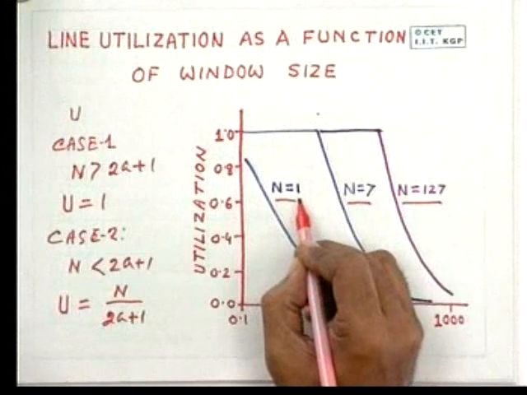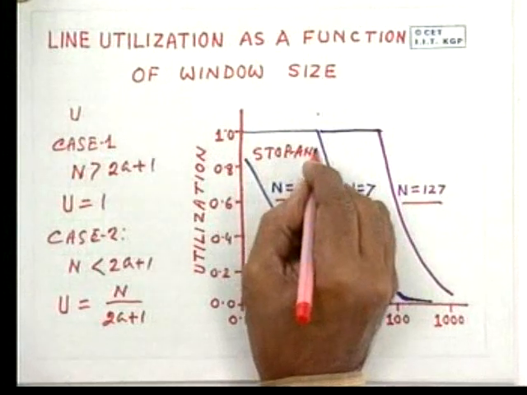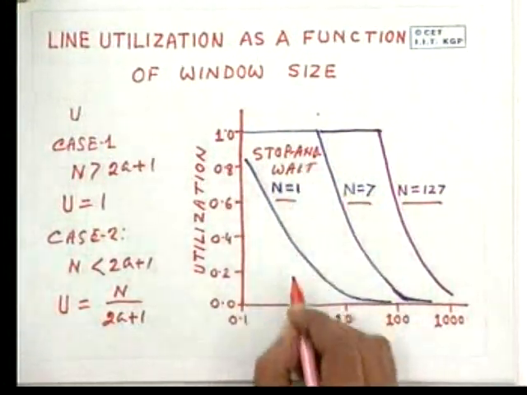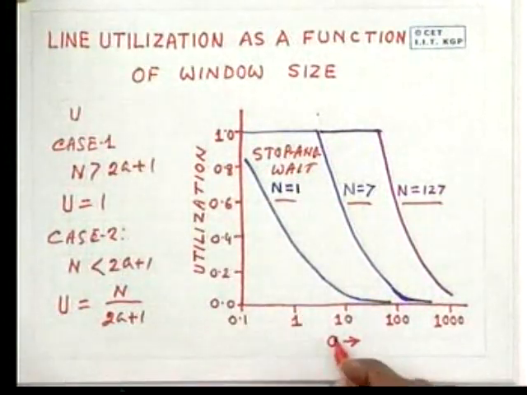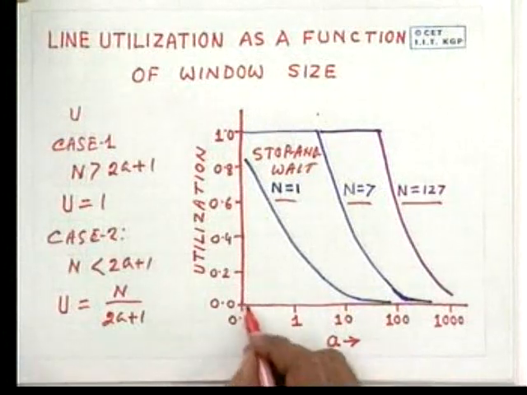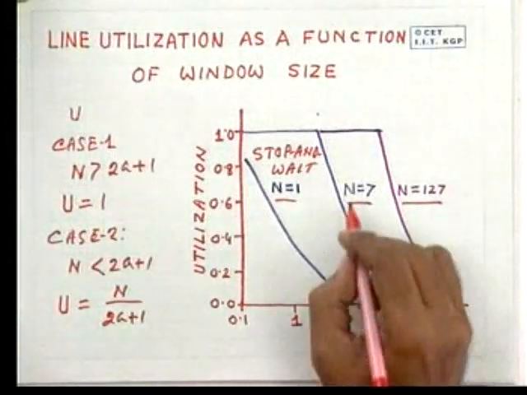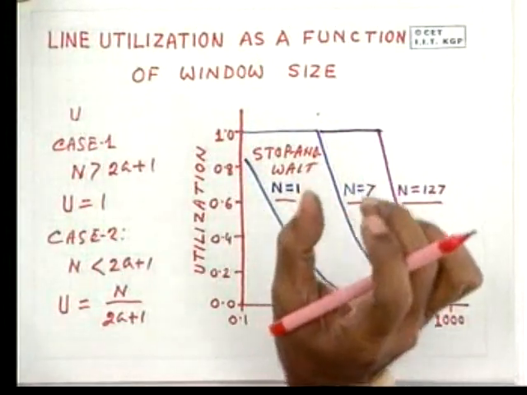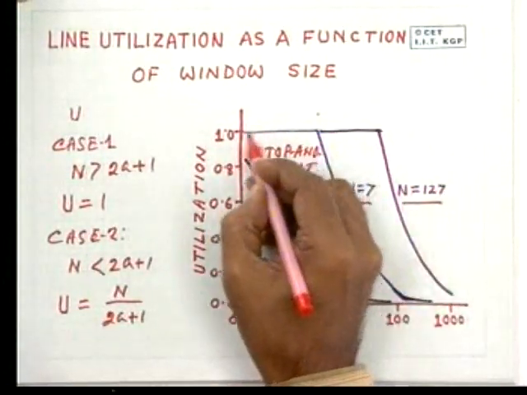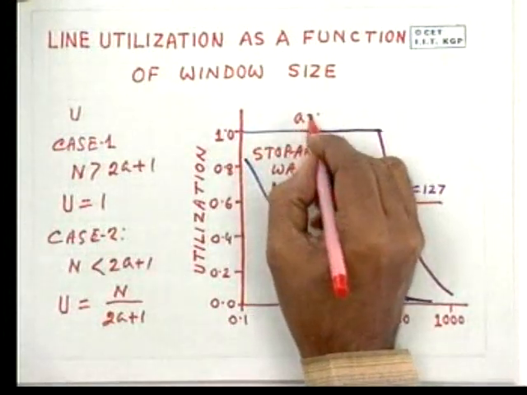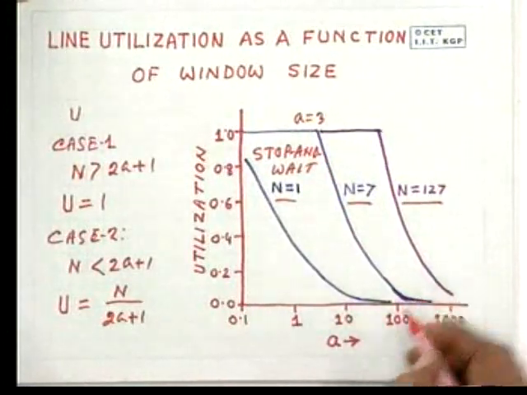For n is equal to 1, which is equivalent to stop and wait, the utilization is always less than 1, and as the value of parameter a increases, the utilization decreases, as you can see. On the other hand, when n is equal to 7, that means you have used 3 bits, then utilization is 100% up to a is equal to 3, and then of course it decreases as the value of a increases.